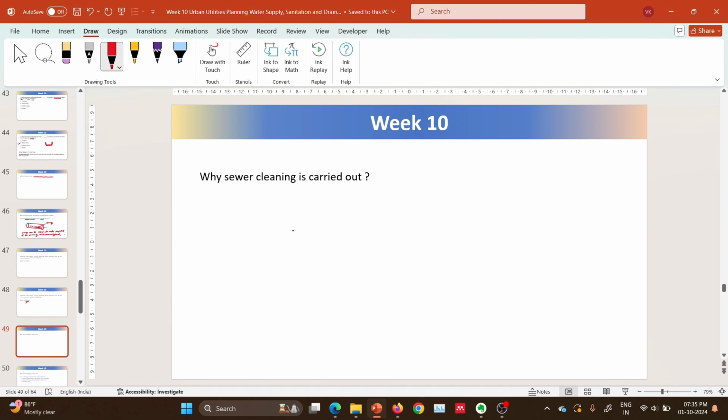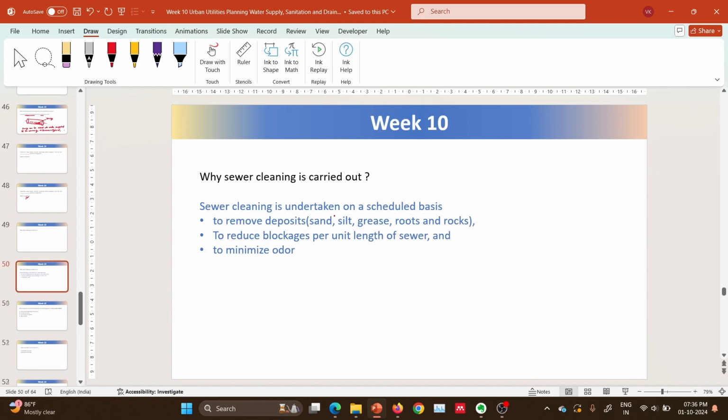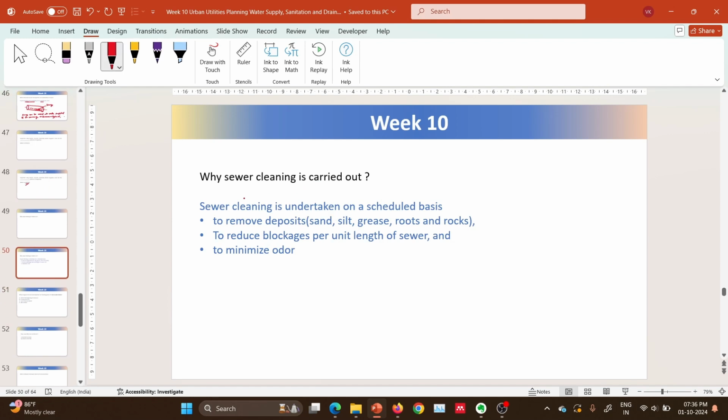Why is sewer cleaning carried out? What is the purpose of sewer cleaning? Sewer cleaning is undertaken on a scheduled basis. Sewer cleaning is done to remove deposits.